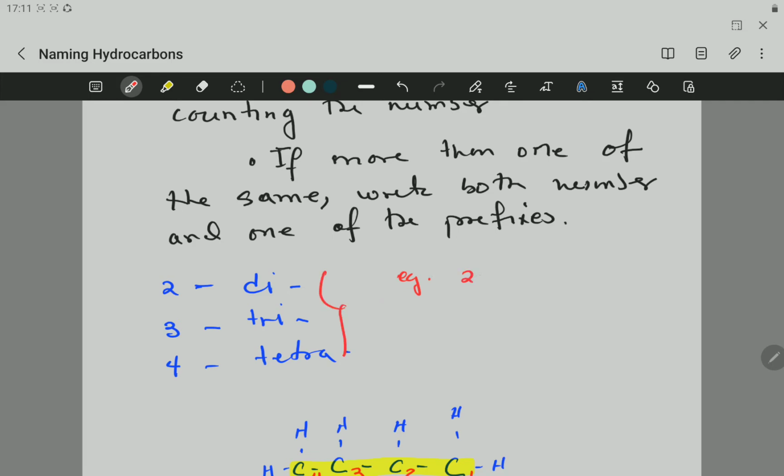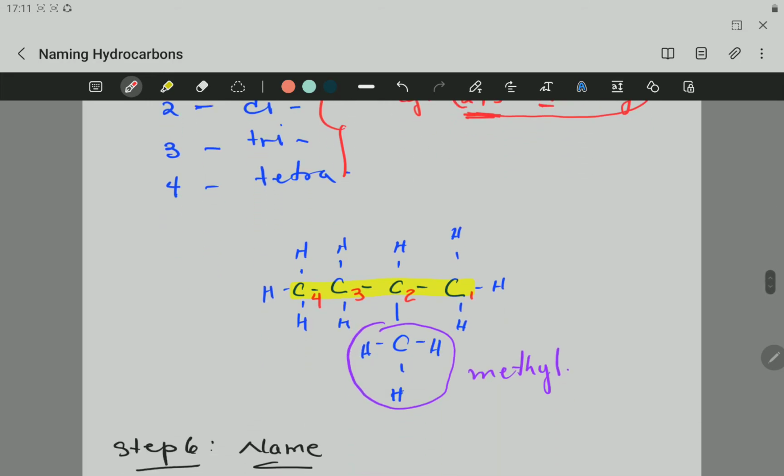You have to indicate the number of the carbon where it is located, and you have to write di because there are two. Now, in this case, we only have one. We have one methyl, which is on carbon 2. So we have to write here 2-methyl.